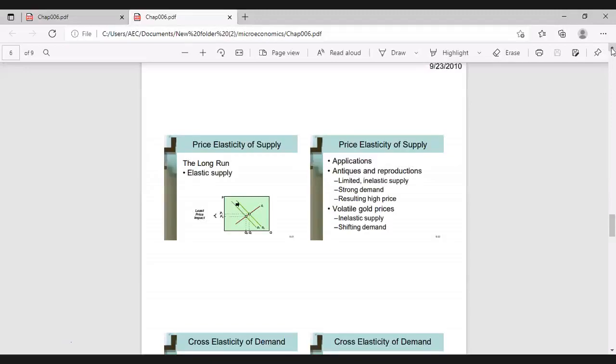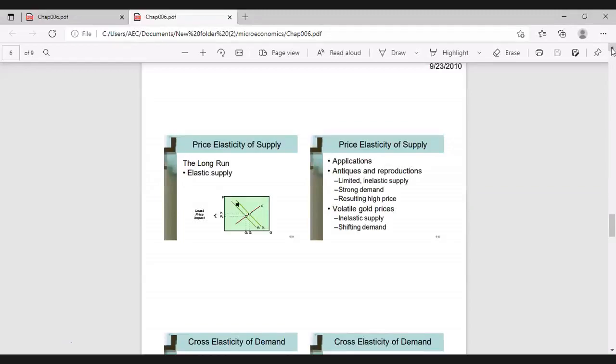go down. So now if there is no ban on the movie CD, then what will happen? The CD price will be very low.